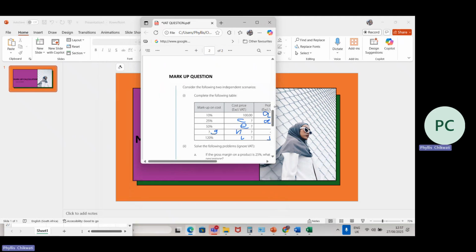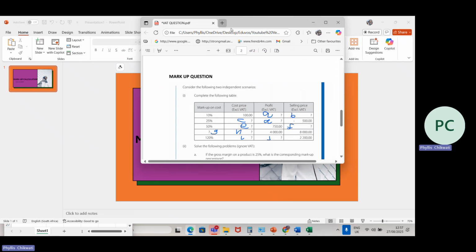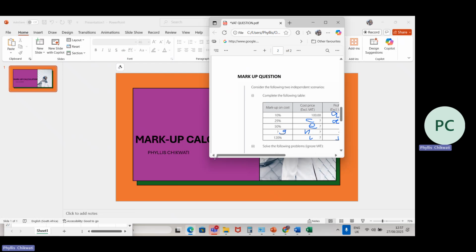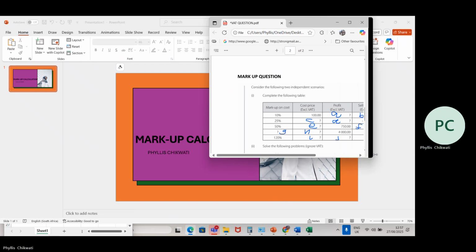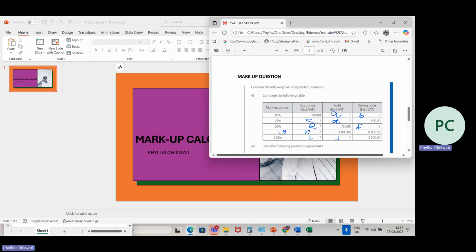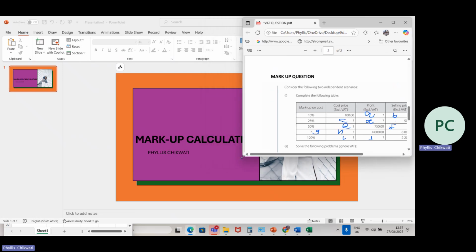So I'm going to resize my question for it to fit on my right hand corner so that I don't have too many pages open. So let's close this over here. So this is our question.